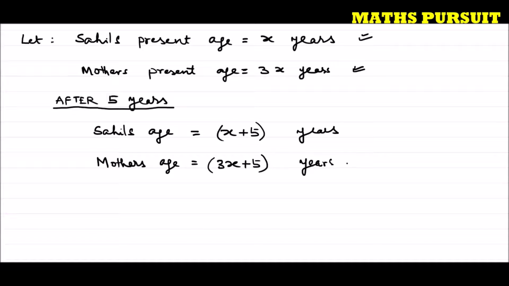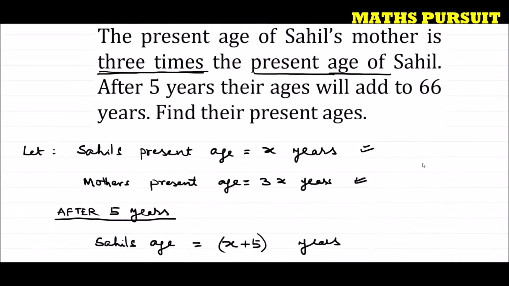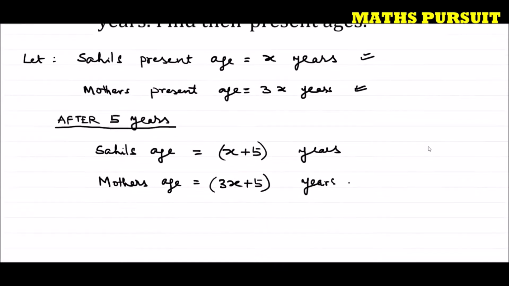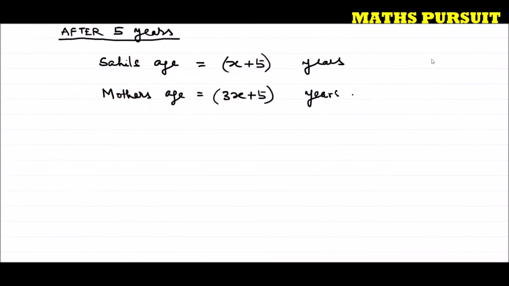Now let us look into the question once more. The question is saying that after 5 years, their ages will add to 66. So if we add their ages after 5 years, we will get 66. From here only we will get one equation.